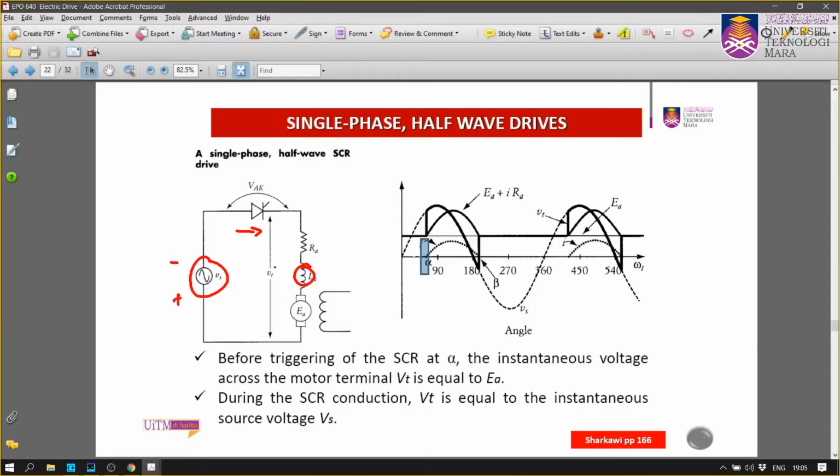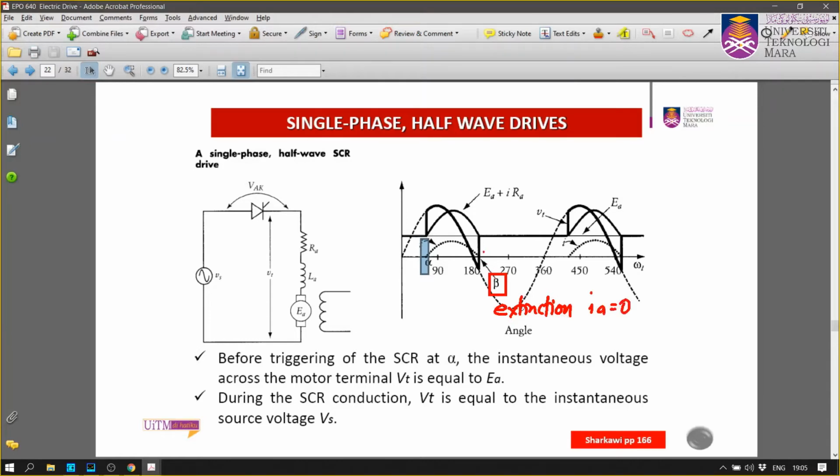So it is still on until Ia equals 0. At this point, the current equals 0. This point beta is known as the extinction angle, because Ia equals 0.